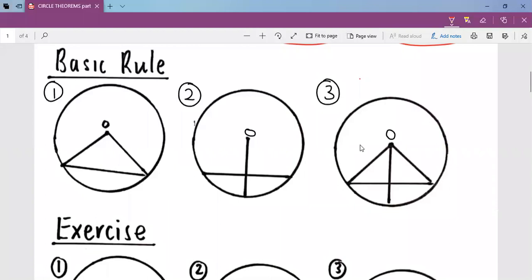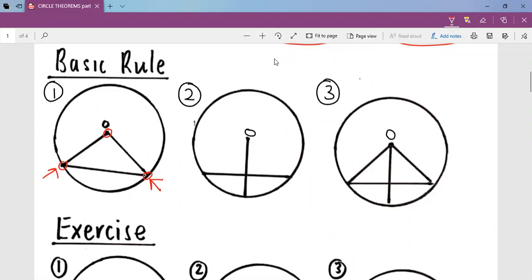Now, this triangle on number 1, you can understand that here it is touching the center. This corner there is touching the circumference. And this corner here also is touching the circumference. Now, basically, we will notice 2 things.